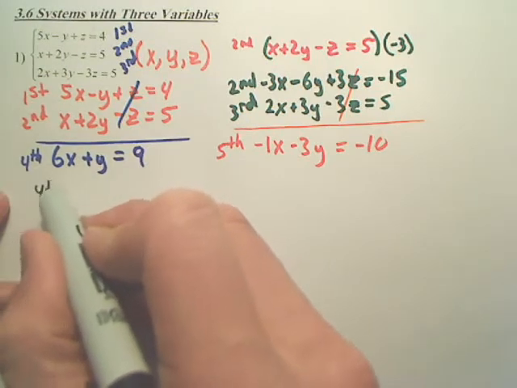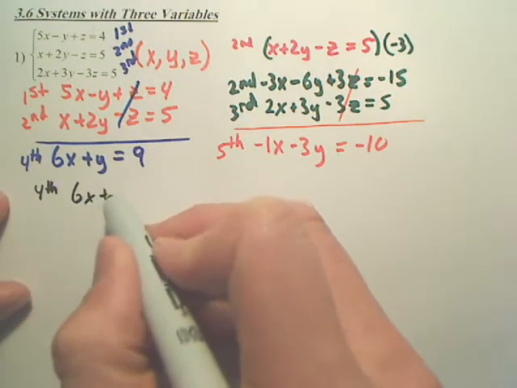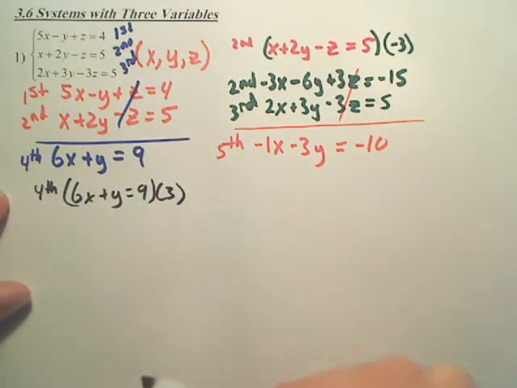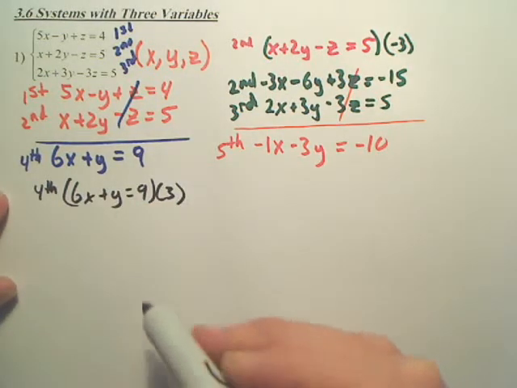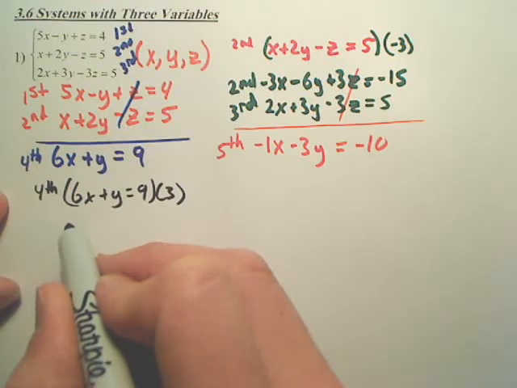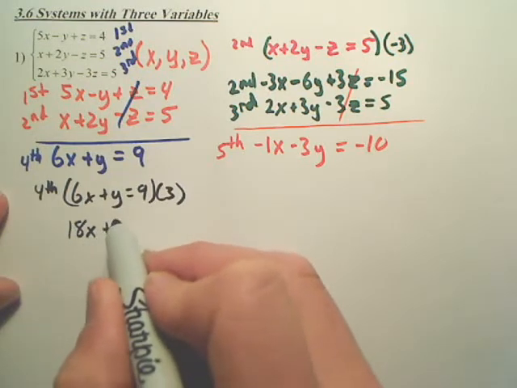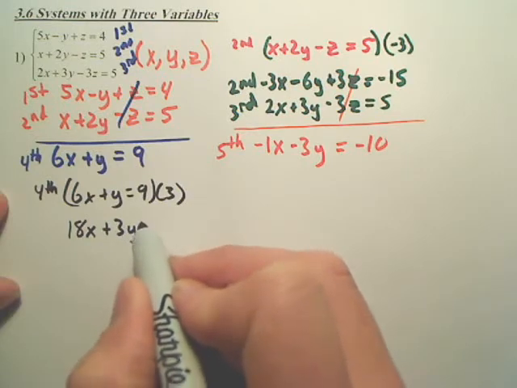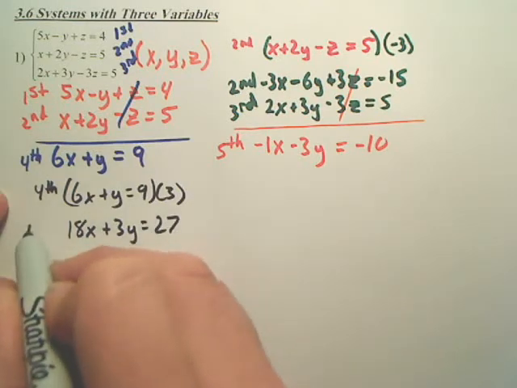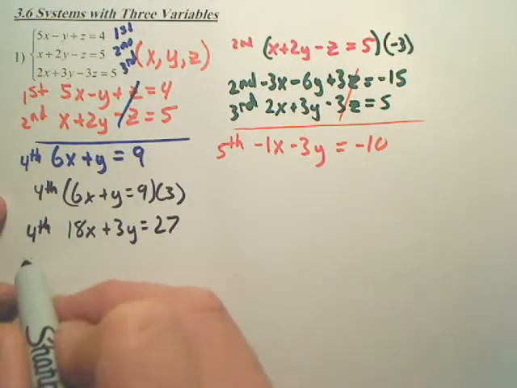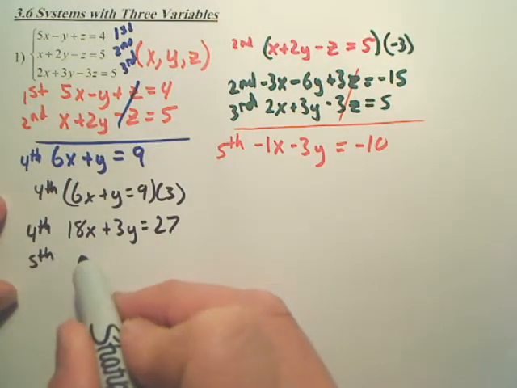So if I take the fourth equation and multiply it by 3, I'm going to end up with 18x plus 3y equals 27. Again, that's my fourth equation. And then, aren't I just going to take my fifth equation and put it underneath?